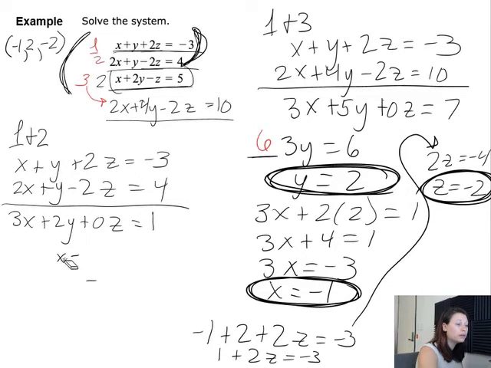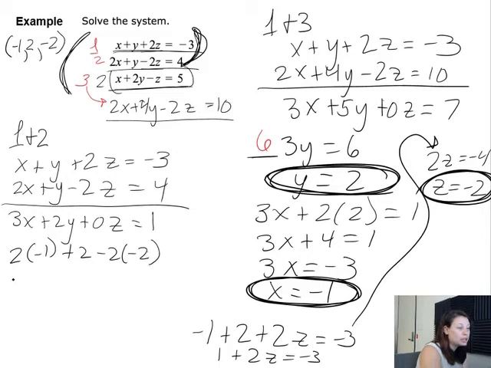So if we plug into the second equation, we have 2 times x, which is negative 1, plus y, which is 2, minus 2z, which is negative 2. That's negative 2 plus 2 plus 4. Well, negative 2 plus 2 is 0, plus 4 is 4. That's that answer. So that one's good.